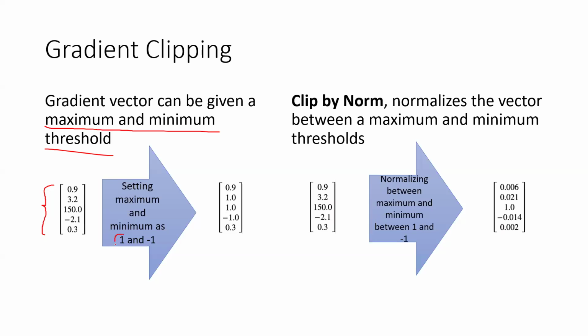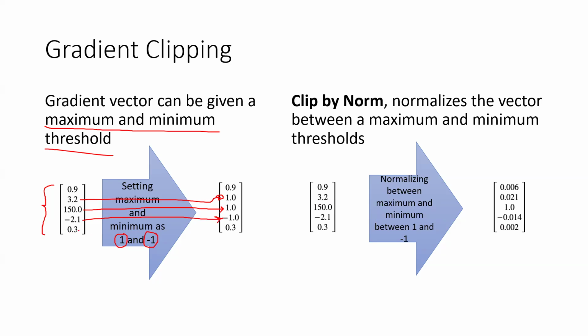Then 150 and 3.2 would be clipped at 1.0, and the value negative 2.1 would be clipped to the minimum value, negative 1.0.